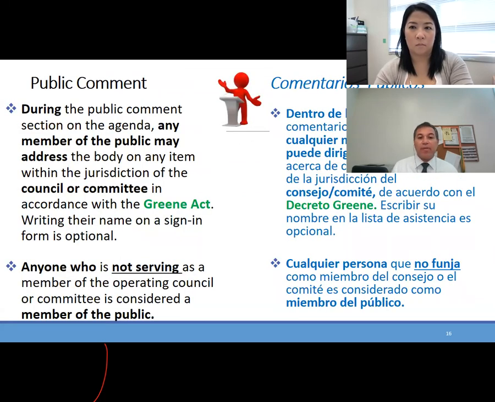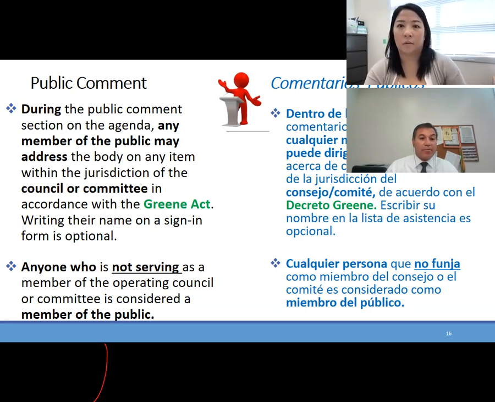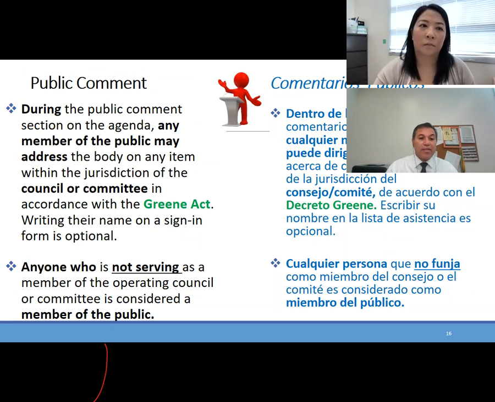Talking more about the public comment: during the public comment section on the agenda, any member of the public may address the members on any item in accordance with the Brown Act. Signing in is optional, but it's good practice. If you want to let us know that you want to talk, especially during Zoom, let us know.